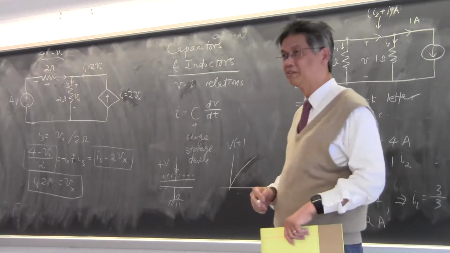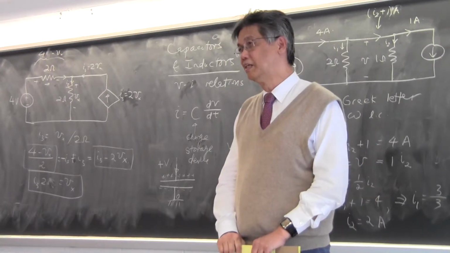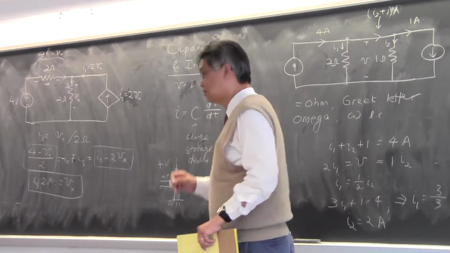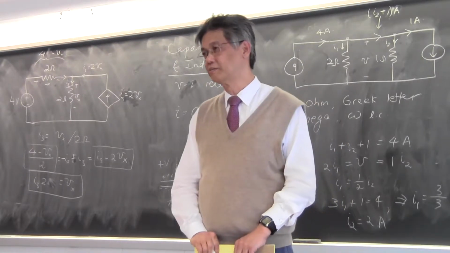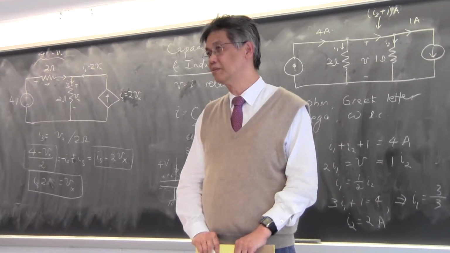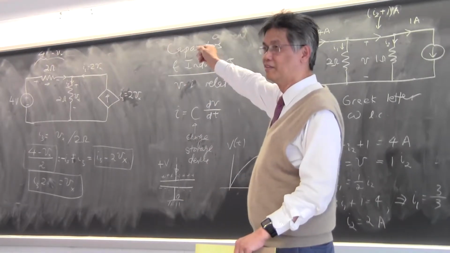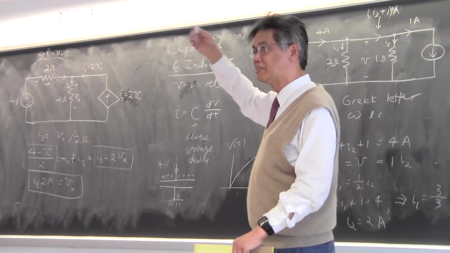Okay, I don't know how it rises, but it will rise. And if it rises, what happens is that this parallel plate will get saturated with charges, and then it cannot rise anymore. So V of t will look something like this. Okay, that eventually it will get saturated.